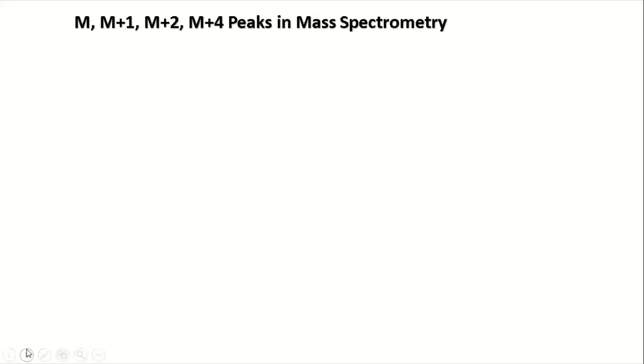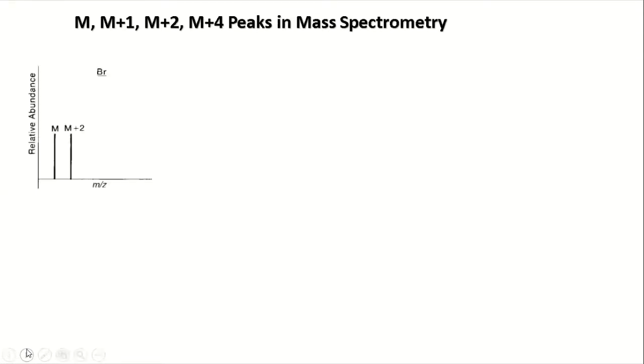It doesn't mean that the molecular ion peak will always be bigger. These peaks are nothing but due to the abundance of isotopes. Any bigger peak will always have these small peaks, and they are due to the isotopes of different atoms.